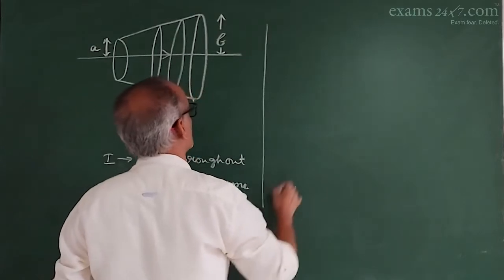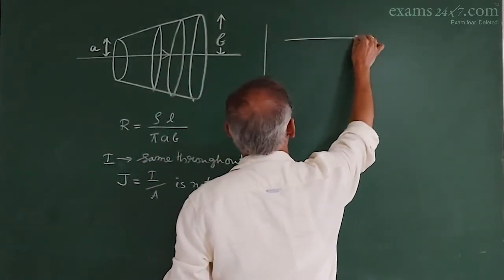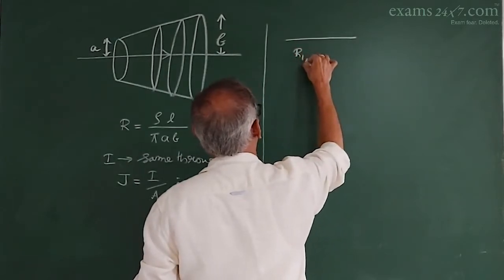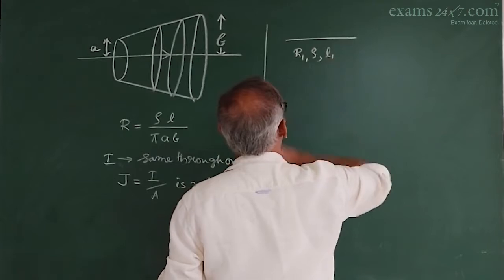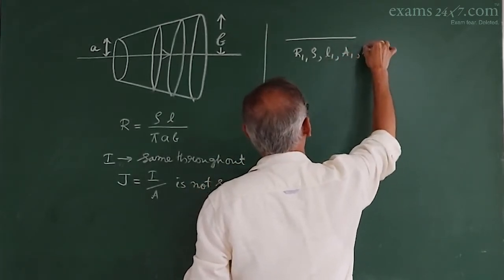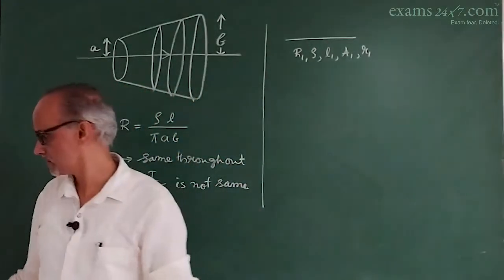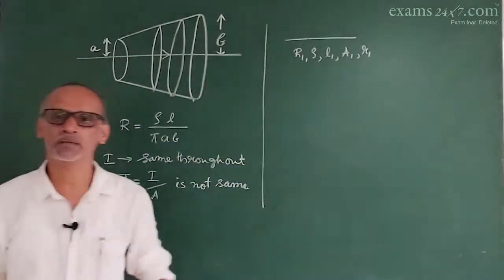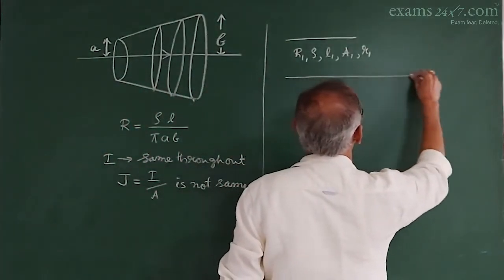So there is one more special case where we consider a wire having resistance R1, resistivity rho, length L1, area of cross section A1, and radius R1. And this wire is stretched to form a larger length.